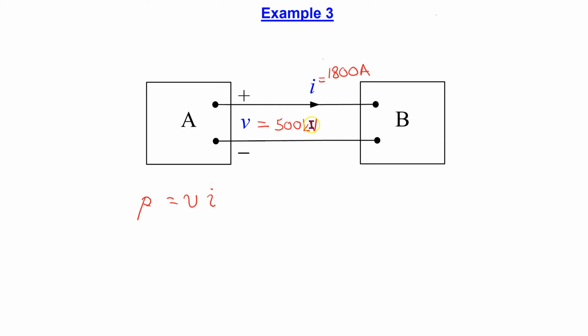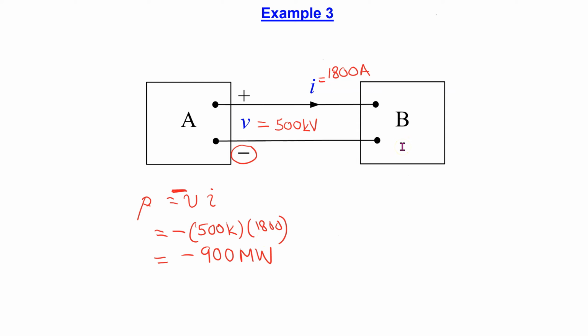Since the conventional current I is entering the terminal marked minus, so this direction means the conventional current is entering terminal A at the terminal marked minus. We use the power formula with a minus sign, and then we substitute values. So this is 500 kilo times 1800, which gives minus 900 megawatt.